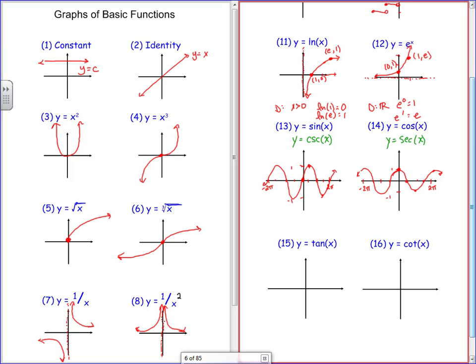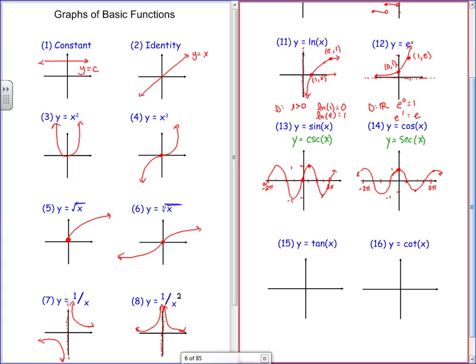Cosecant, what do we do? We bounce off. Where are the vertical asymptotes? Do you remember? We have vertical asymptotes, and then we bounce off the maximums and minimums. Yeah, I think some of you were thinking the horizontal asymptotes.